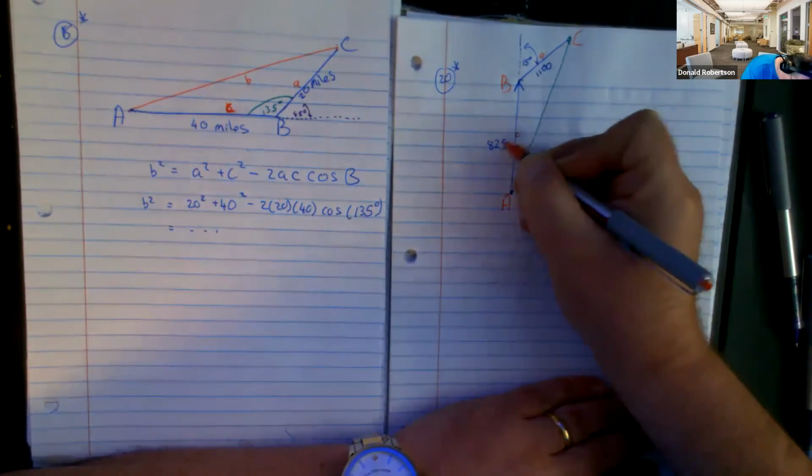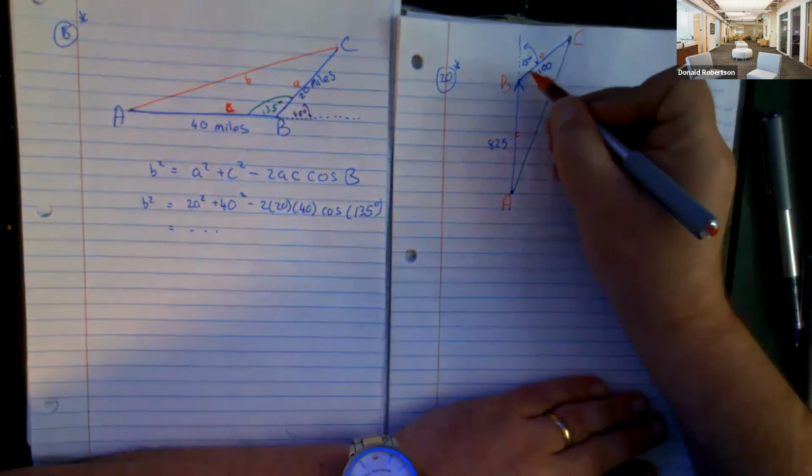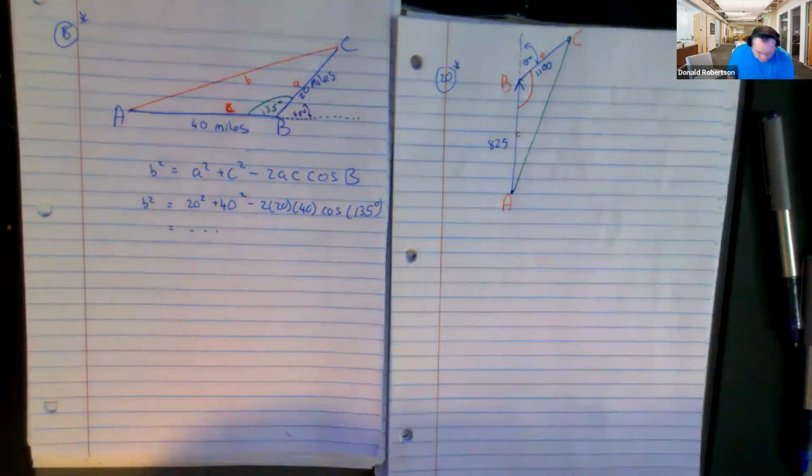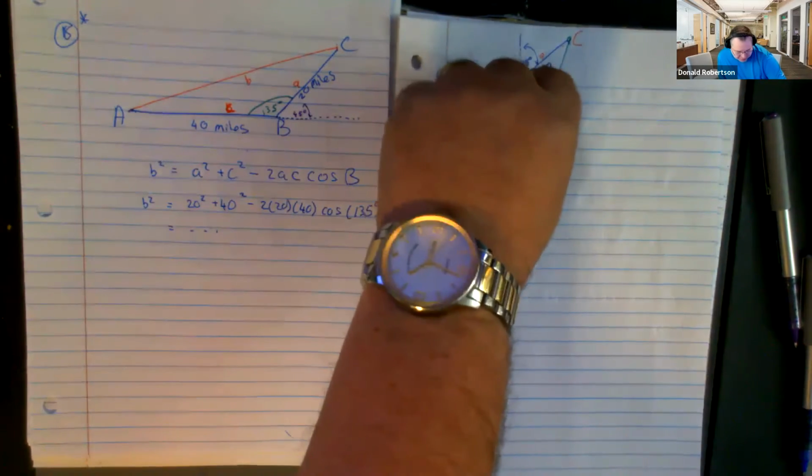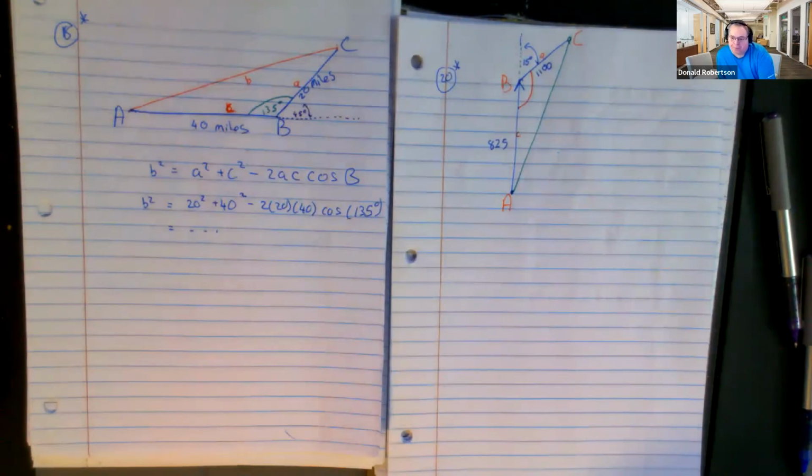I know little c is that one. If I can find out this angle, then I will have 2 sides and the angle in between, which means I can find what we're being asked, the third missing side. Okay, how big is the missing angle? That angle in there. What size is it?